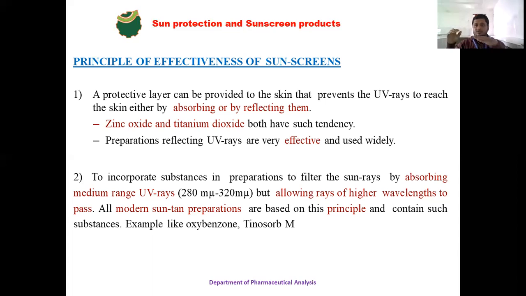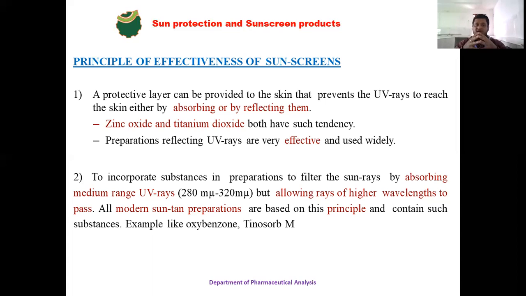So whenever we apply a sunscreen product, a protective layer forms over the skin, and that protective layer will absorb the UV rays or reflect them back. So that's why our skin becomes protected, and that's why it is called a protective layer. That layer absorbs the UV rays or reflects them back.